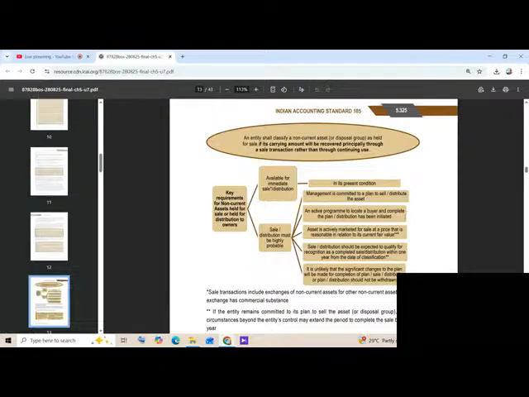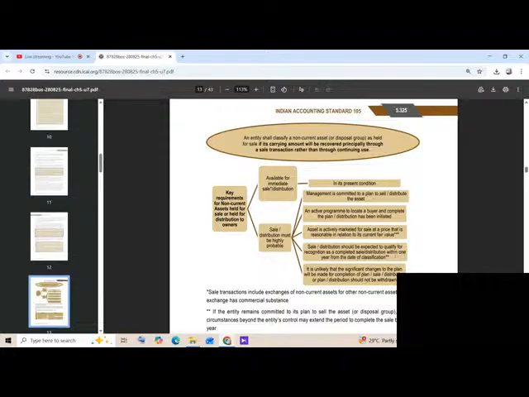The asset is actively marketed for sale at a price that is reasonable in relation to its current fair value. The sale or distribution should be expected to qualify for recognition as a completed sale or distribution within 1 year from the date of classification. It is unlikely that significant changes to the plan will be made, or that the plan of sale or distribution will be withdrawn.